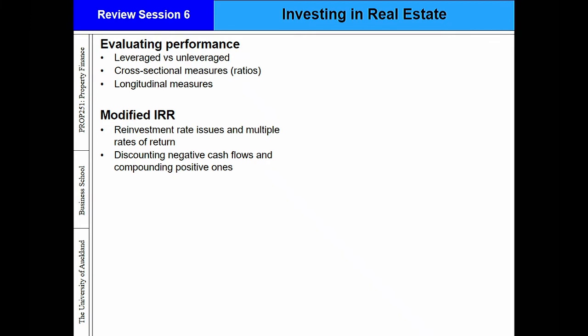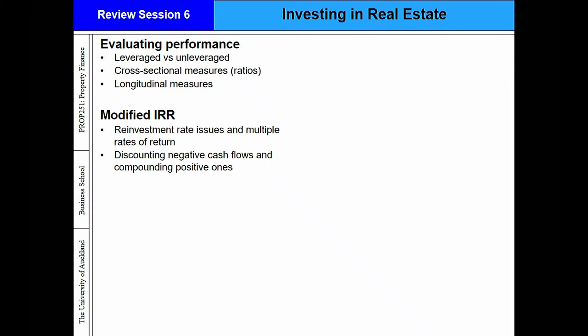First of all, one of the weaknesses of IRR is the assumption it makes about the reinvestment rate. All of the cash flows generated from the project are assumed to be reinvested at that IRR.